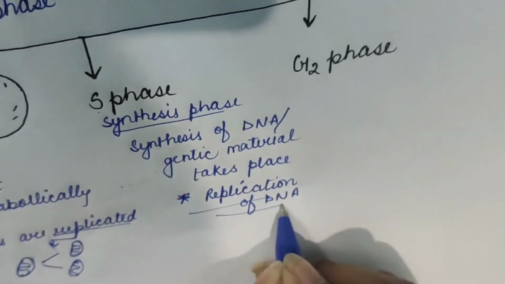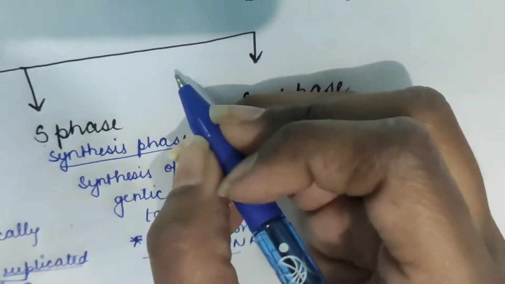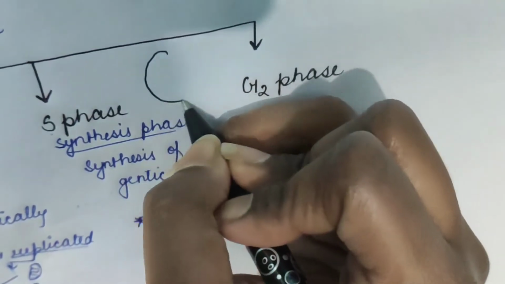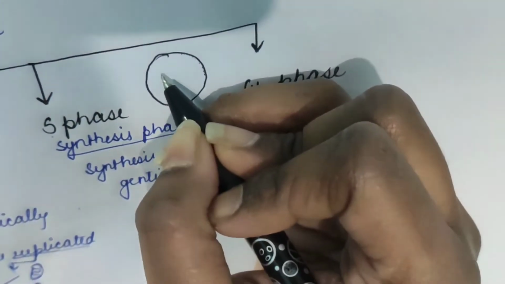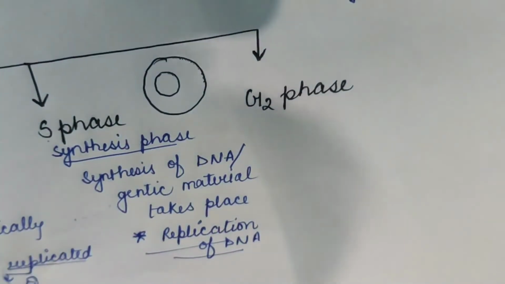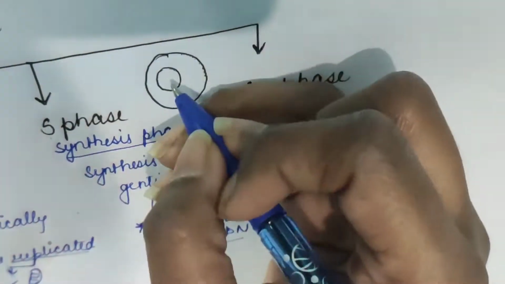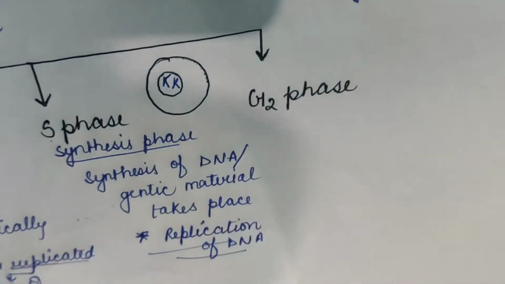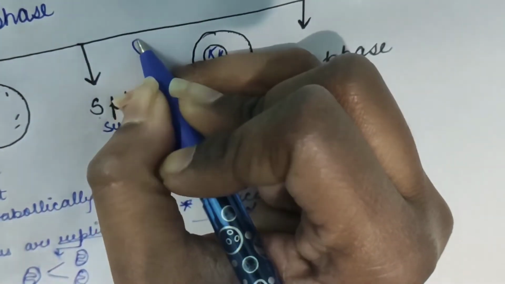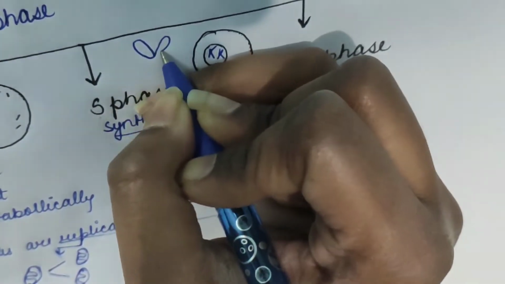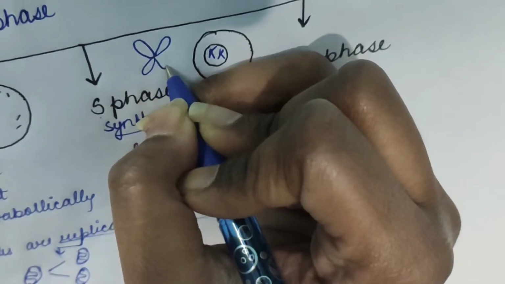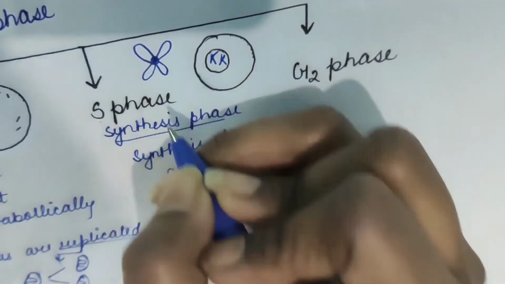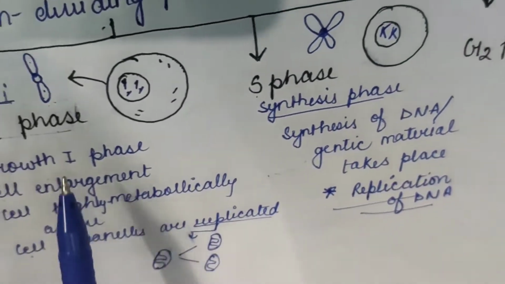Now, due to the replication of DNA during the S phase, the chromosome structure is going to change. Suppose this is a cell, and that's the nucleus. The chromosomes now become X-shaped.